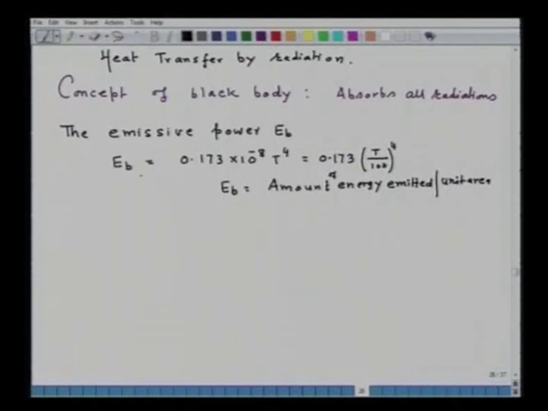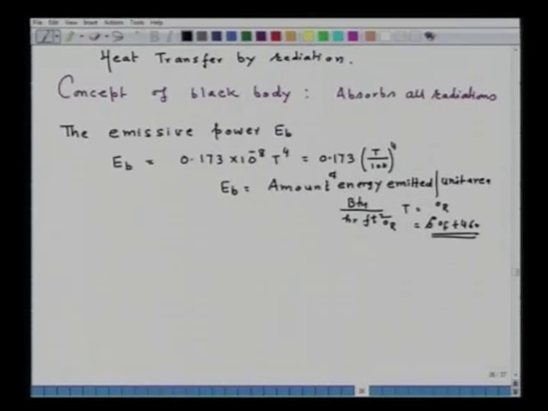So, in this form, the dimensions of EB are BTU per hour feet square. Now, in this equation, T has to be substituted in degree Rankine, that is equal to degree Fahrenheit plus 460. That point is to be remembered.